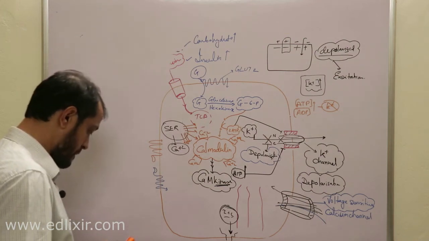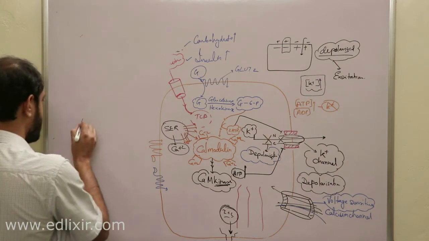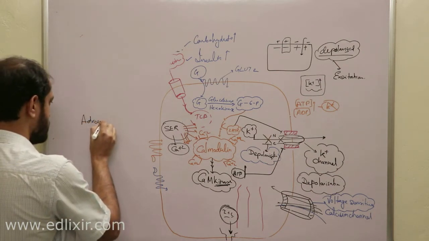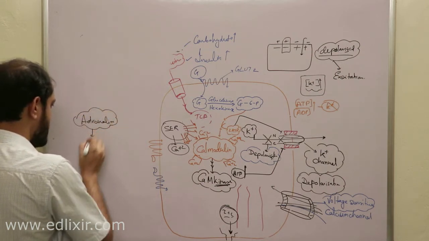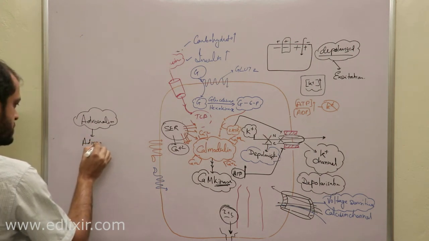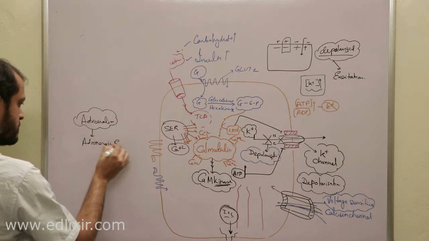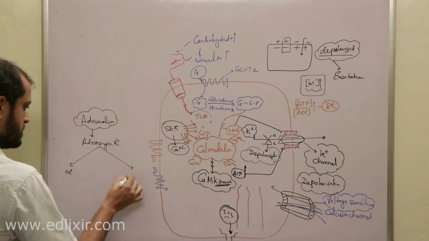Okay, now if you want to really talk about adrenaline, you must understand that adrenaline binds to adrenergic receptors, right? Now there are two types of adrenergic receptors, alpha and beta.